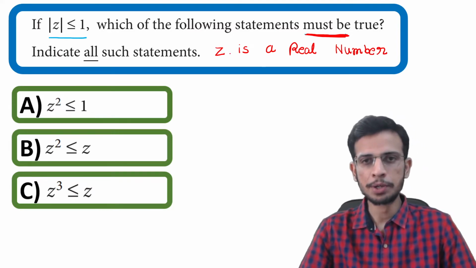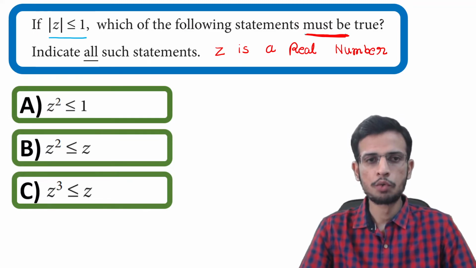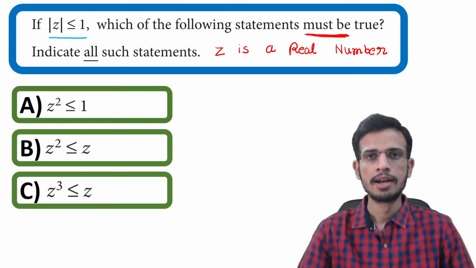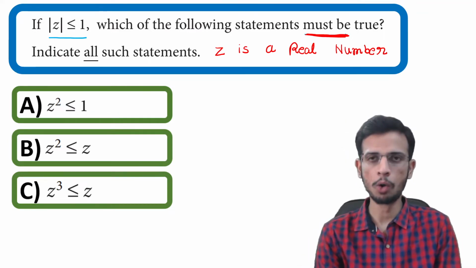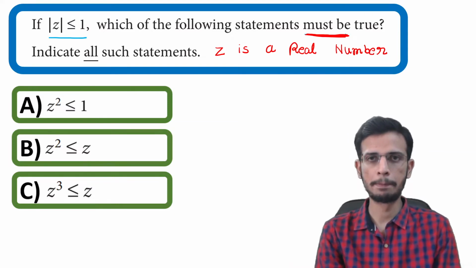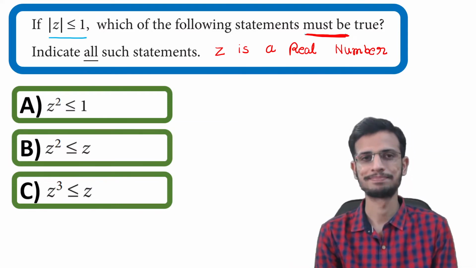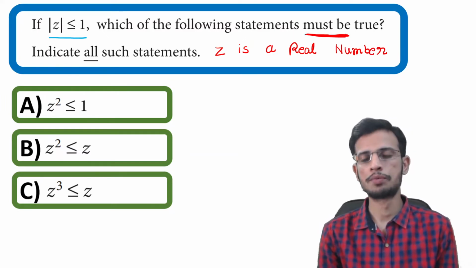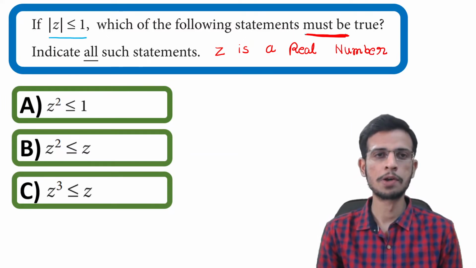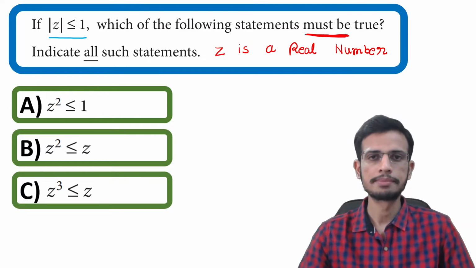You can pause the video. I'll be giving you a few seconds to solve this question. But consider all possible values of z. Don't forget any single value of z or any particular type of values of z. You can get the set of values of z. You can locate values of z on the number line as well if you want.